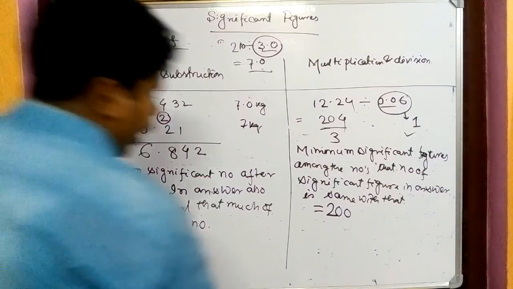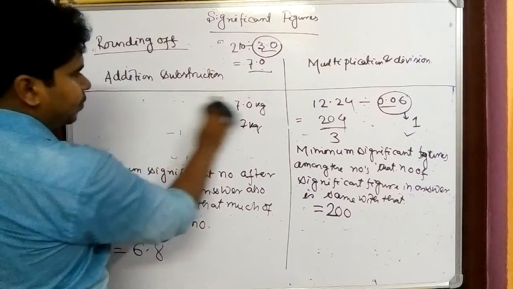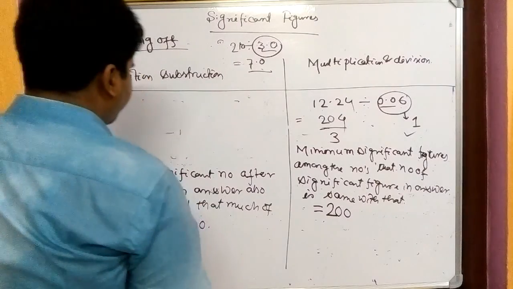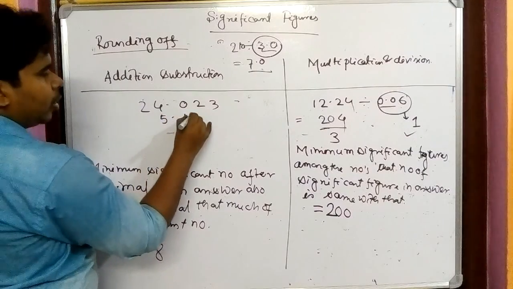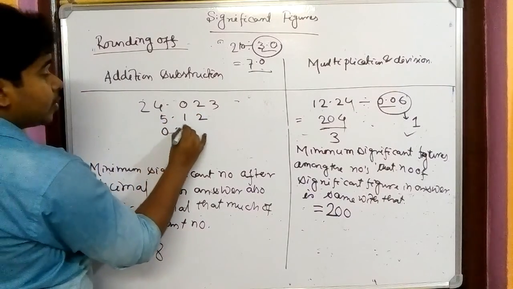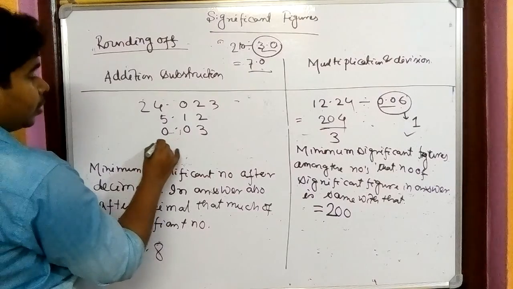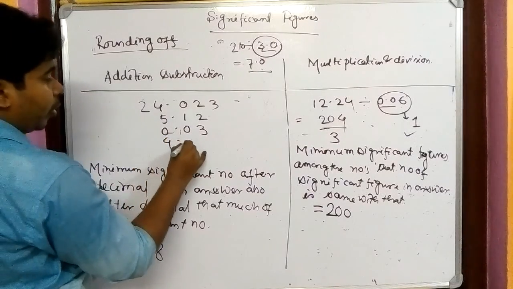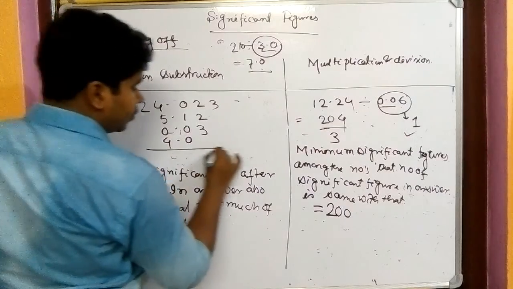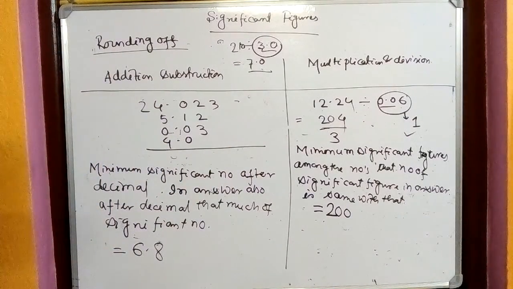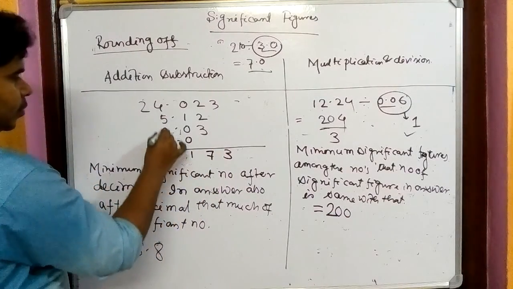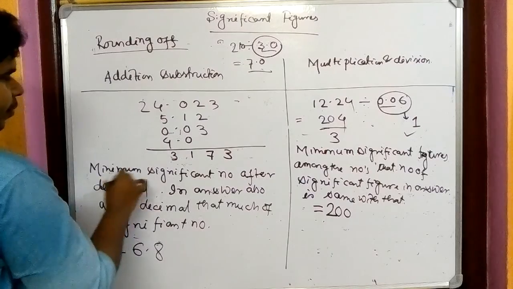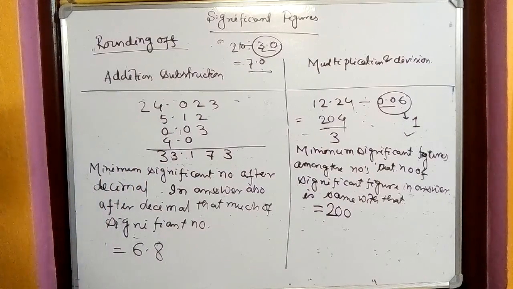Similarly, if you have to do any more numerical here, assume one numerical: 24.023, 5.12, 0.03 and 4.0. Okay, let's see what the answer should be. It comes to 33.173.